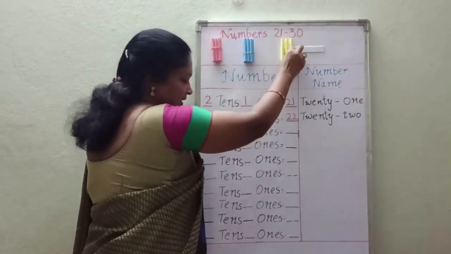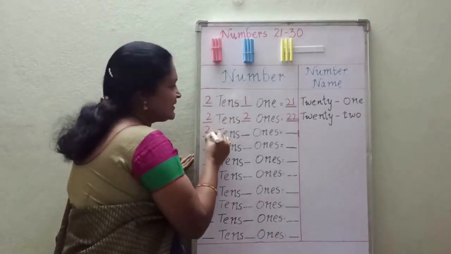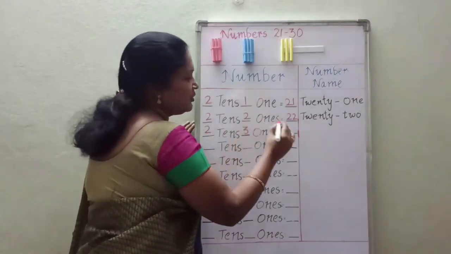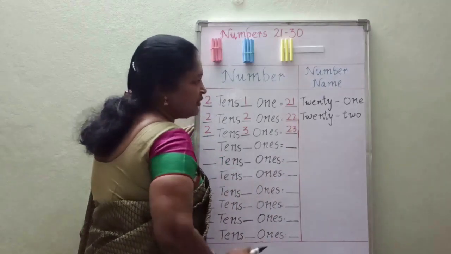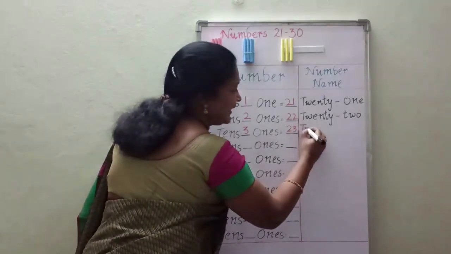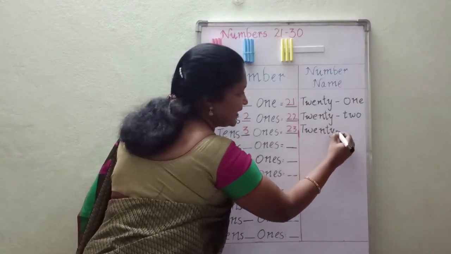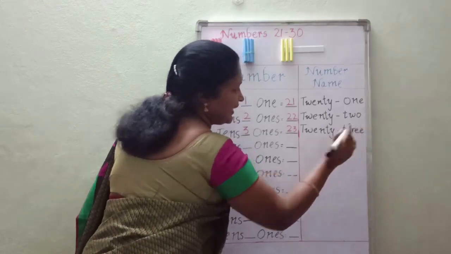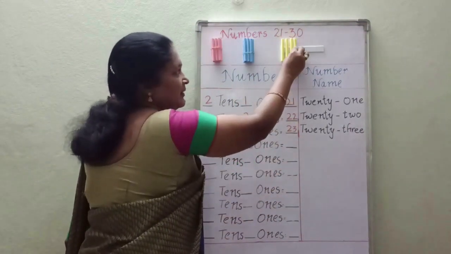Now tell me, children. So how many tens? 2 tens. How many ones? 3 ones. So which number you got? 23. So what is the spelling of 23? TWENTY 20. THREE 3. And next one more I am keeping.